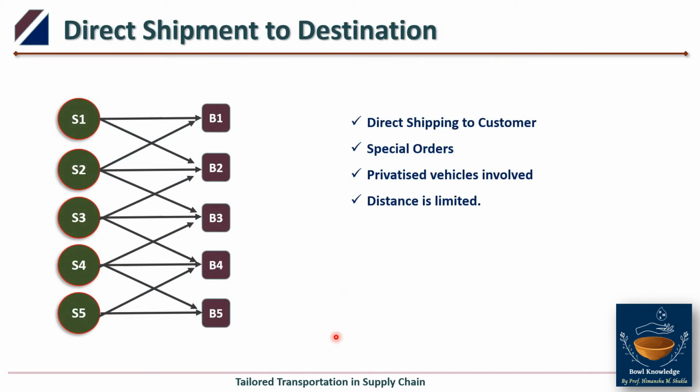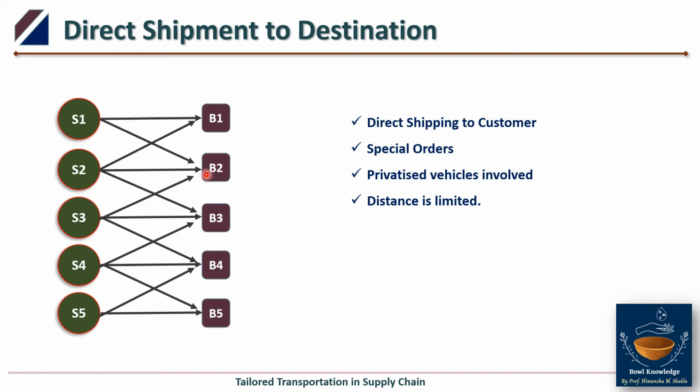So number one is direct shipment to destination. As I said, not making the system very complex, if we try to keep it simple, then the seller will directly ship the goods to the buyer location. A seller can ship to multiple buyer locations, or multiple sellers can ship to a single buyer location.